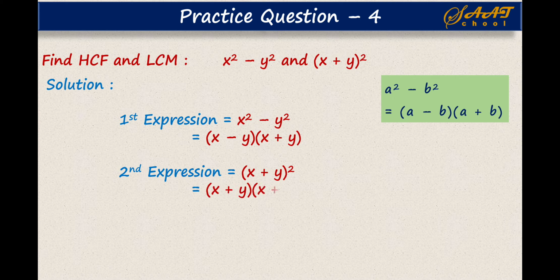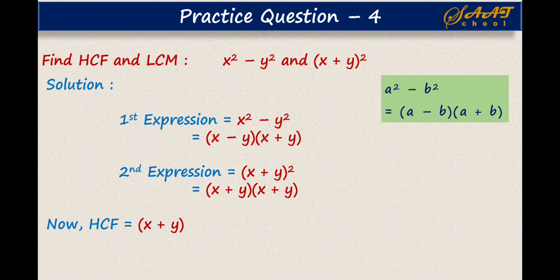Now, to find HCF, the common factor between these two algebraic expressions is x plus y. You can find x plus y in the first expression and x plus y in the second expression.